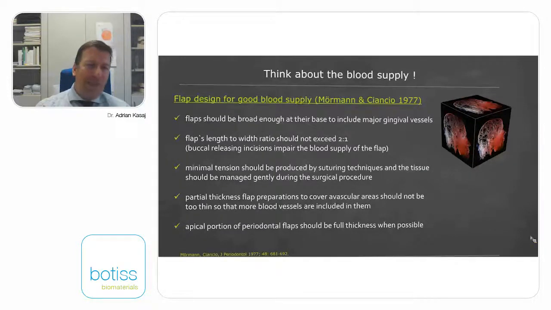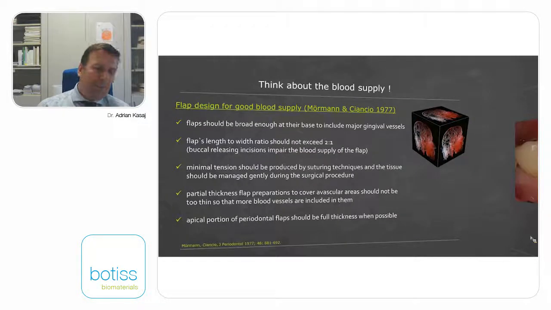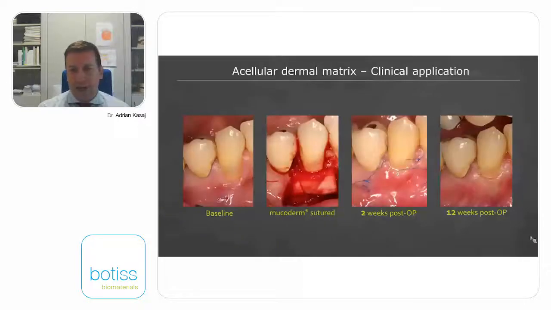So let's take a look at some clinical cases. And this one was actually one of my early cases. You can see the preparation of a regularly coronally advanced flap, the rehydrated mucoderm matrix sutured to the periosteum.